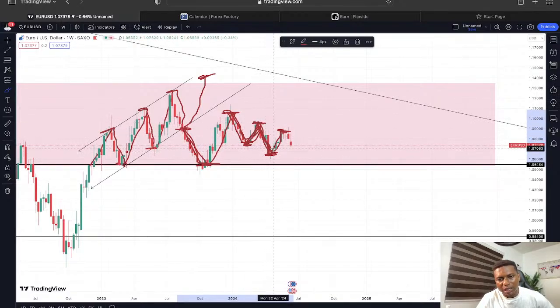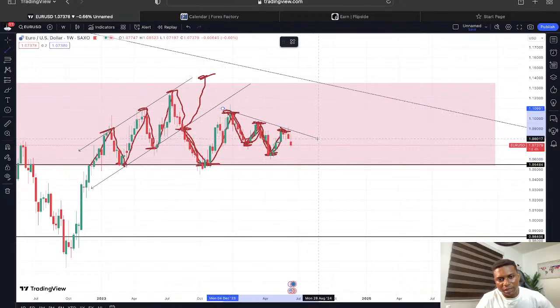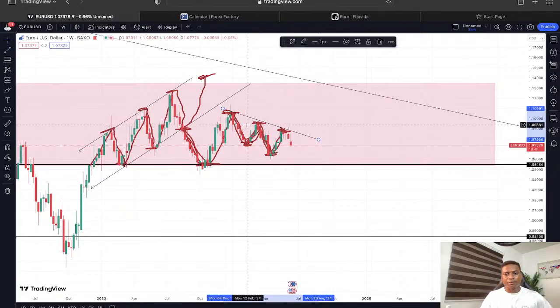Now we can see that price was slowly moving downwards. From here I could see price in this way and manner.